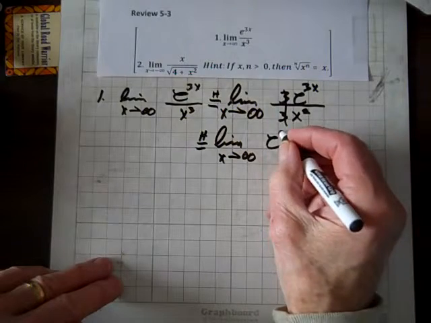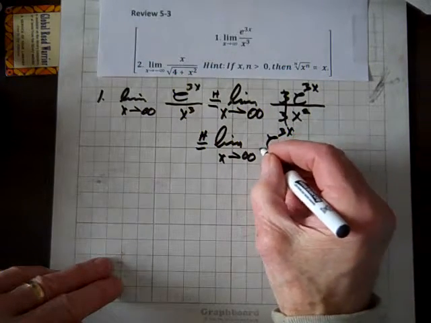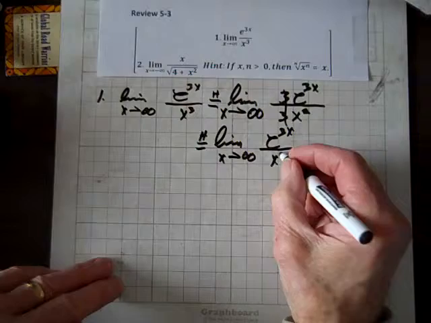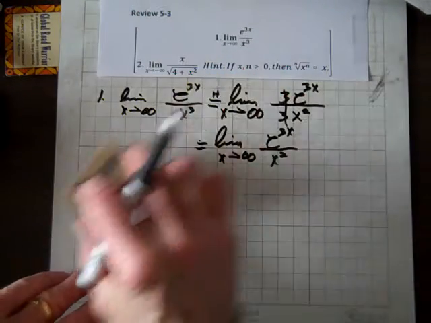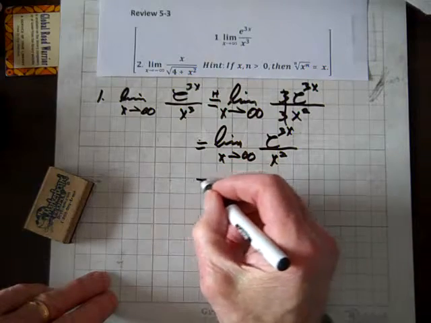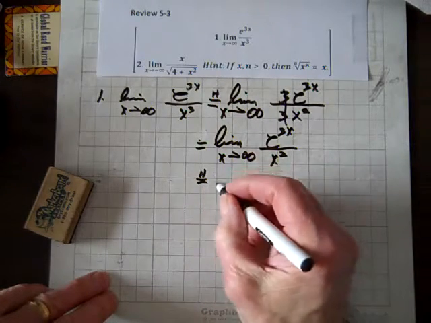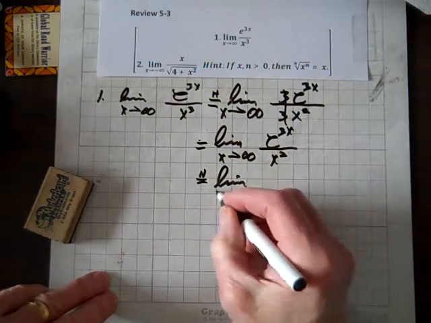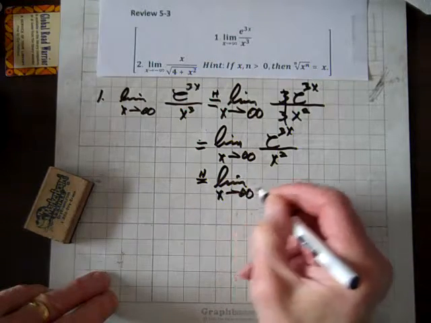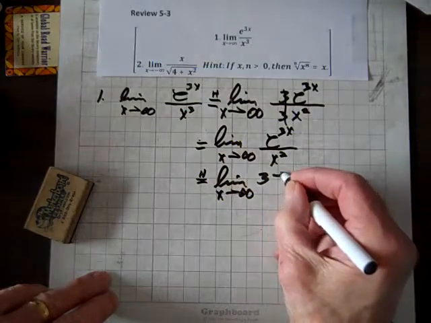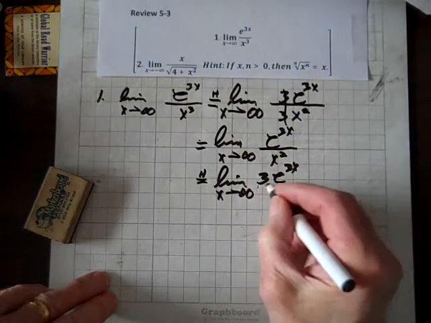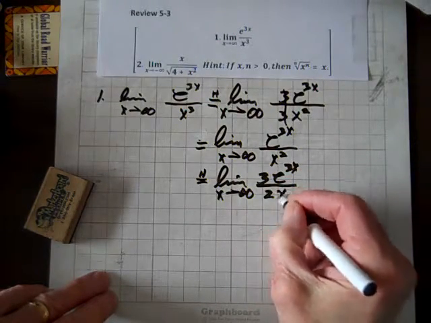So we've got e to the 3x over x squared, and I'm sorry, I didn't take a derivative, but now we're going to take a derivative. We'll use L'Hopital's rule. So that's the limit as x goes to infinity of 3e to the 3x over 2x.